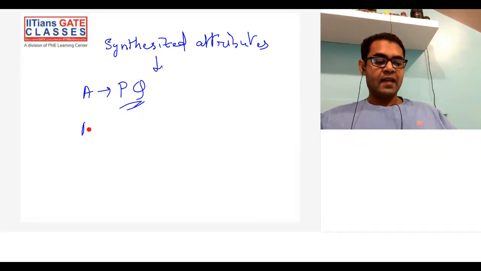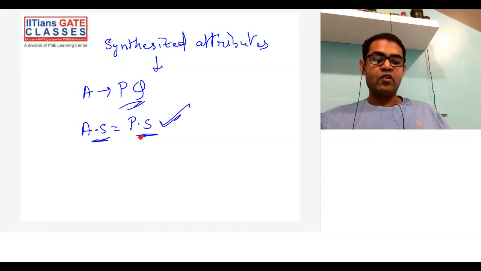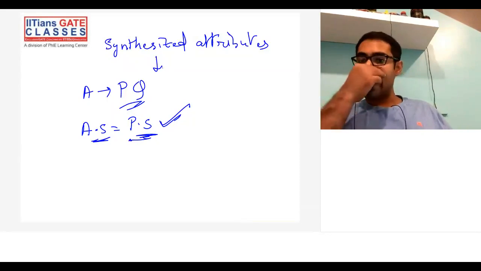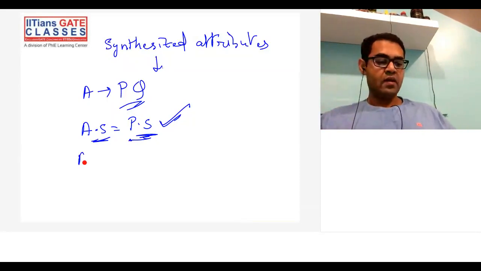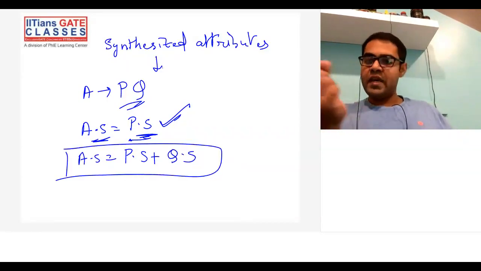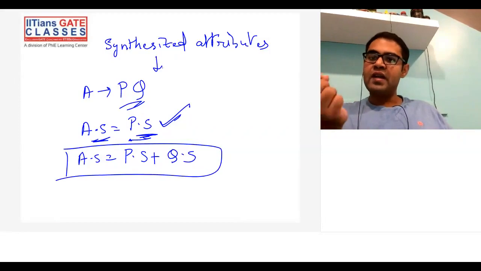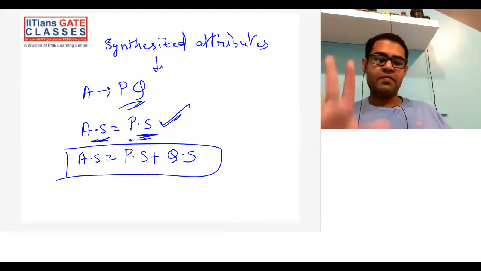That means I can write A.S is equal to P.S. This is correct. Okay, because a synthesized attribute can take values from the attributes of their children. Okay, A.S is equal to P.S plus Q.S. This is also correct. Okay, because again, the parent is taking value from their children. Simple as that. Okay. Now let's see the difference.